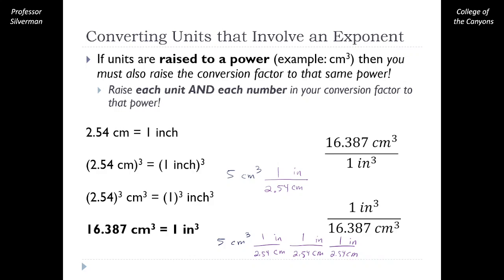We need to add that exponent to every single unit and every single number. Notice here, these are mathematically the same. So either version of this strategy is totally fine, adding exponents everywhere, or writing out multiple copies of those conversion factors.